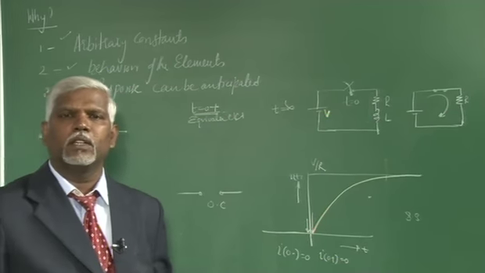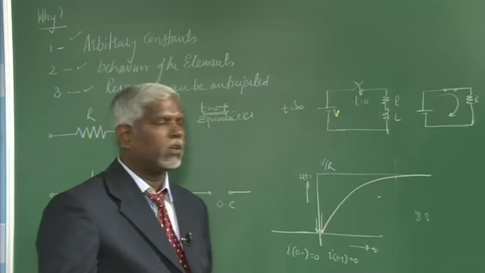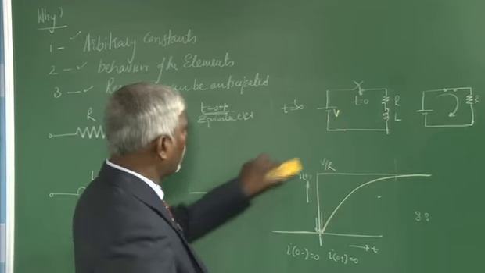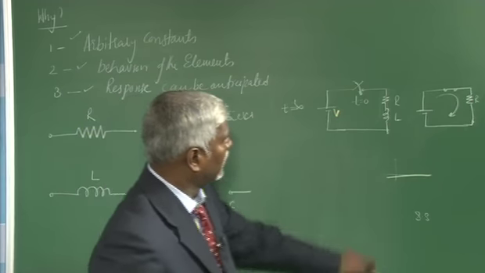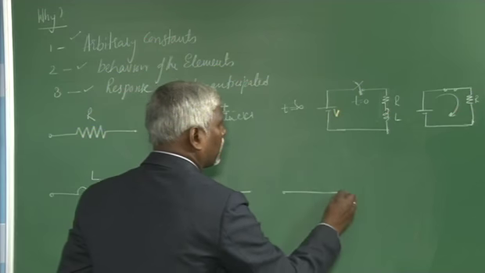So, the behavior of the inductor will be like a short circuit when used on a DC supply. How do I represent that? I express this at t equal to infinity as a short circuit.